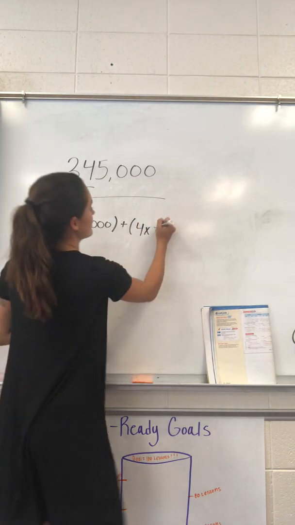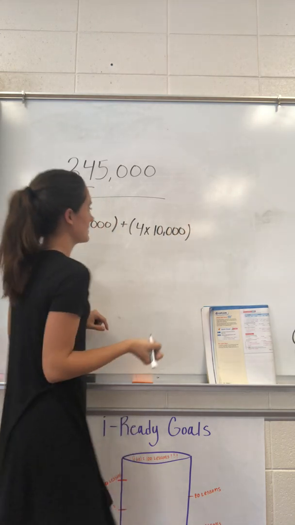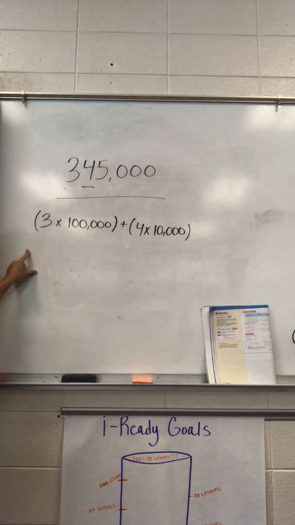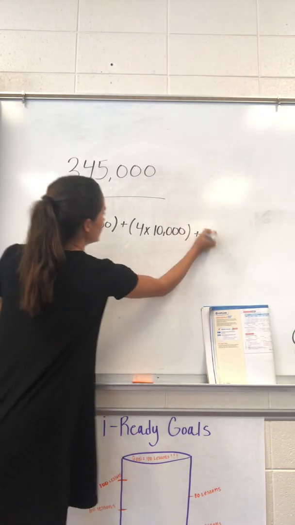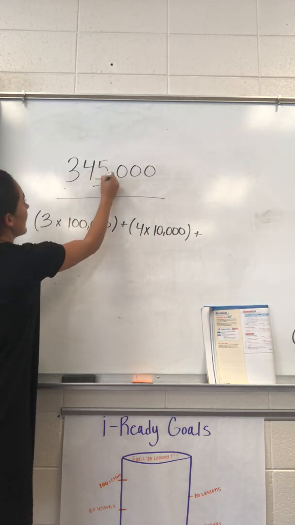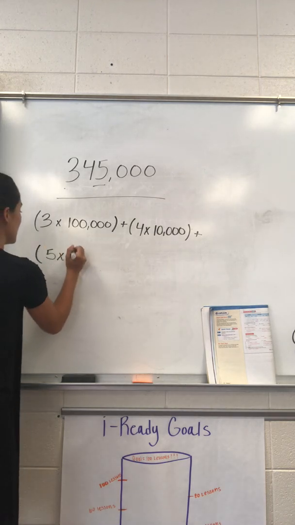It's in the 10,000s place. Close parentheses. I'm going to continue it down here just so you guys can see it doesn't run out of the camera. So plus, open parentheses. We're going to move on to the 5. The 5 is in the thousands place.